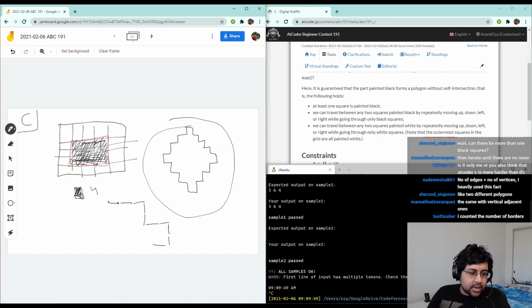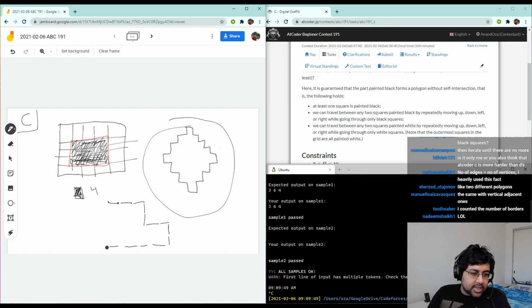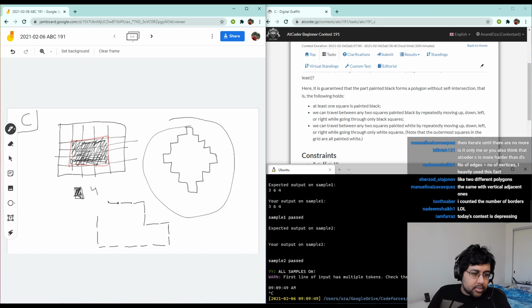So the idea here, to draw out an example, is that if you count the corners, it's a little more straightforward than counting these long segments, because you only have to look at this one thing.